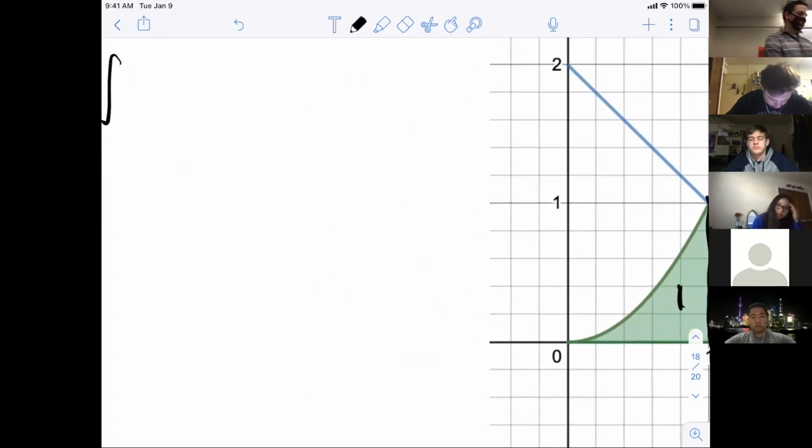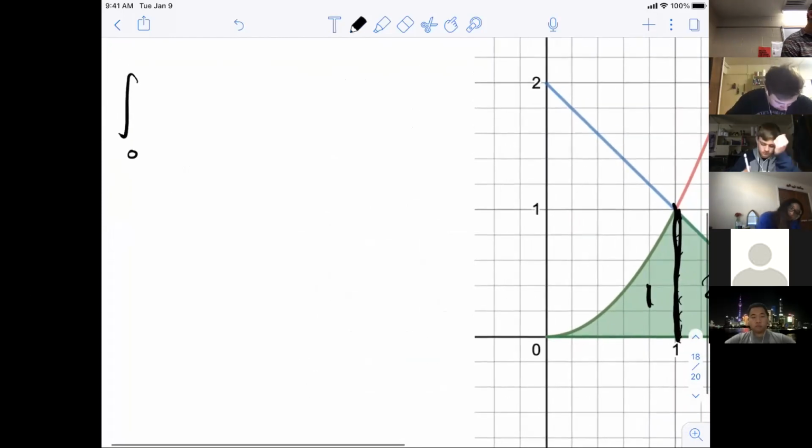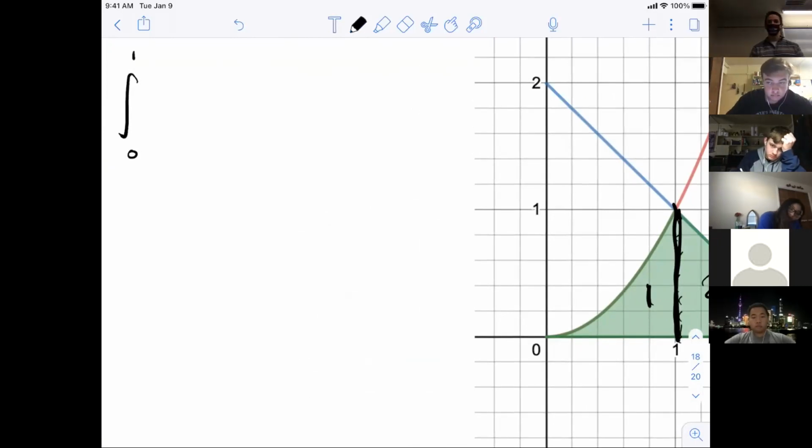You get an integral from 0 to wherever they intersect. Perfect. And to be quick, they intersect at 1, but to find that, you just set them equal to each other, right? From 0 to 1, and then what do I put inside the integral?